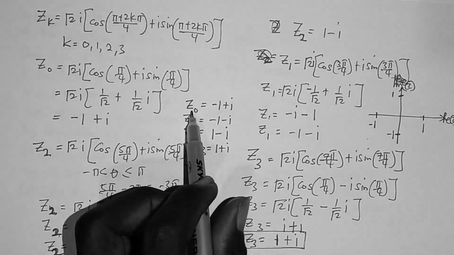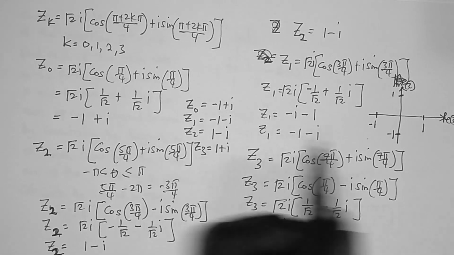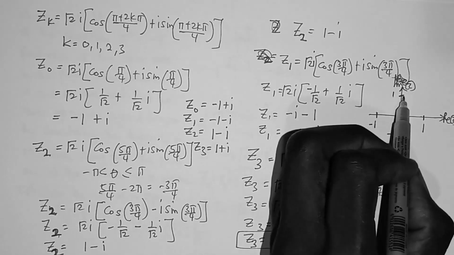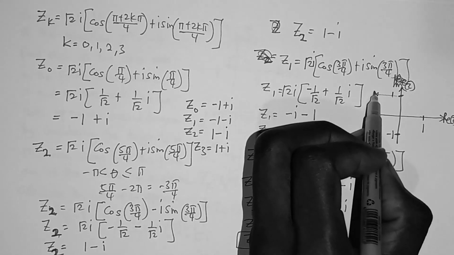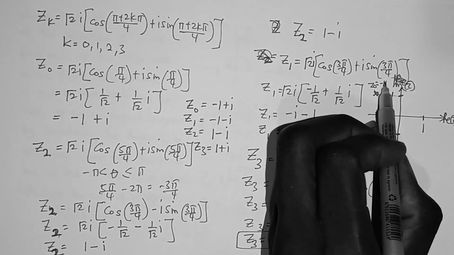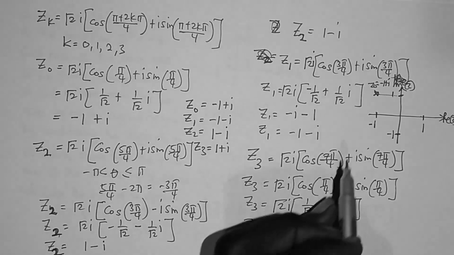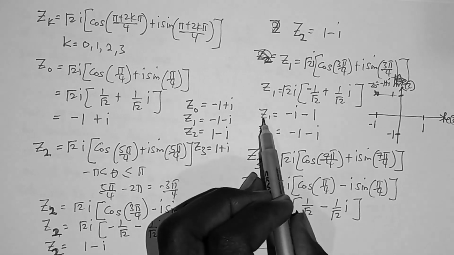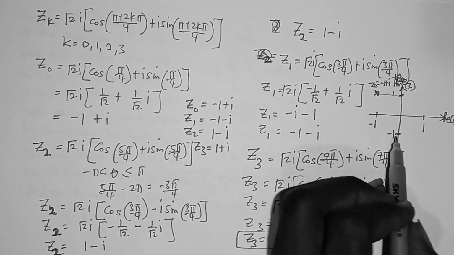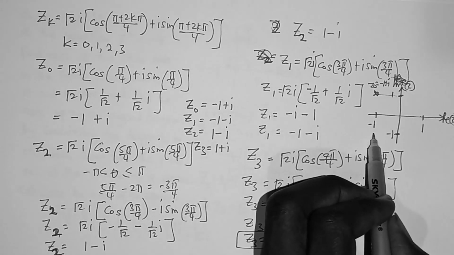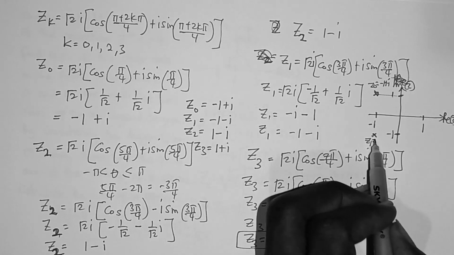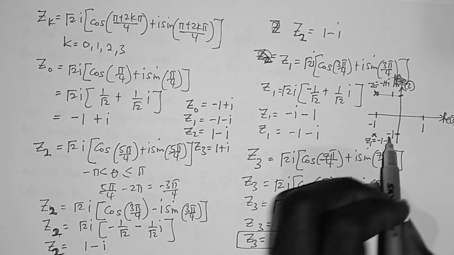So when we take Z0, it is minus 1 and then 1. So you see that minus 1 and 1, they will meet somewhere here. Here is Z0 equals minus 1 plus I. And then Z1 is minus 1 minus I. So minus 1 minus I is here.